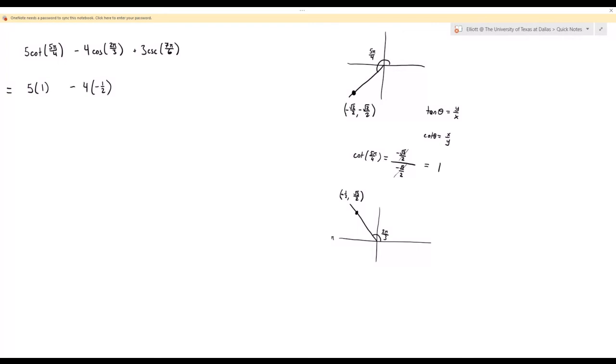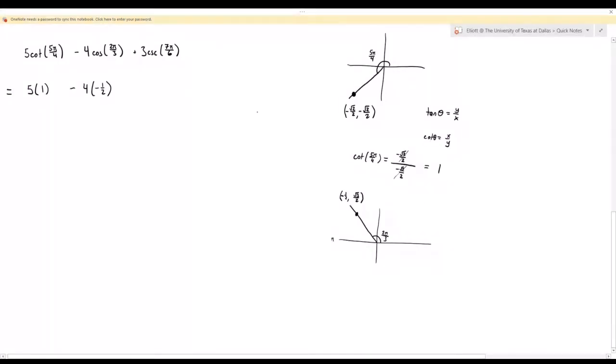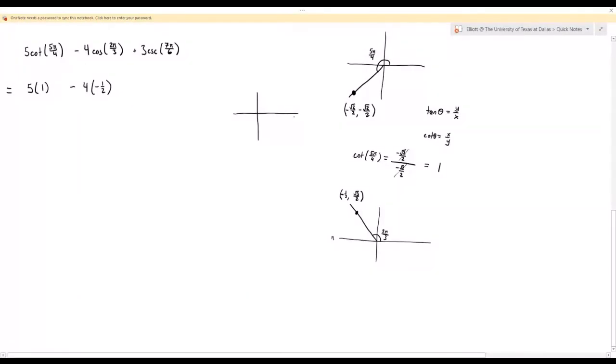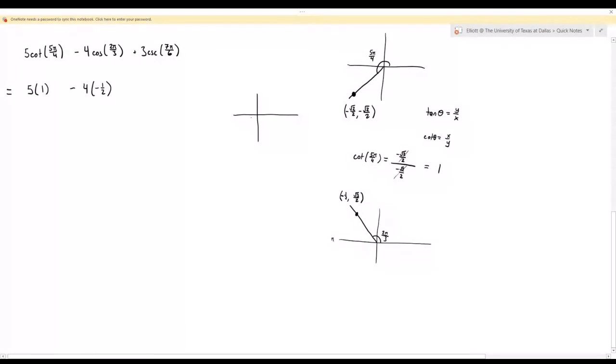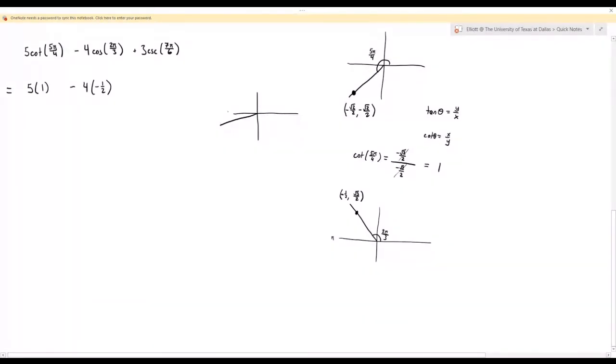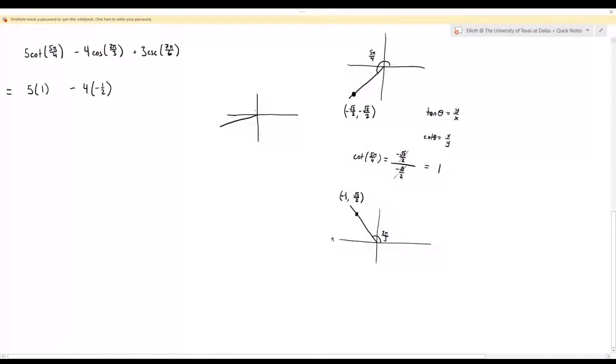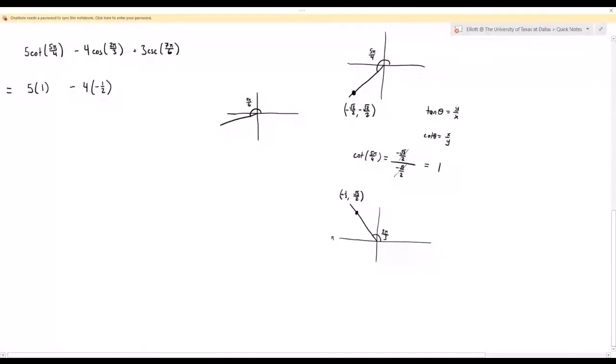And then lastly, if I want to think about cosecant 7 pi over 6. Yeah, so 7 pi over 6 is going to be in the third quadrant. So it's pi plus pi over 6. So it's kind of like 30 degrees more than 180. It's just a little bit past pi. And so I know this will be similar to the pi over 6 angle.